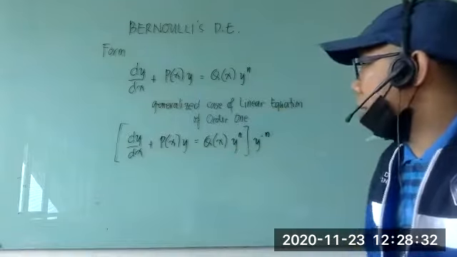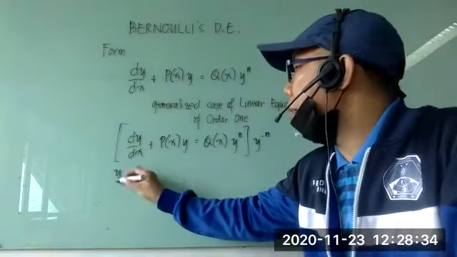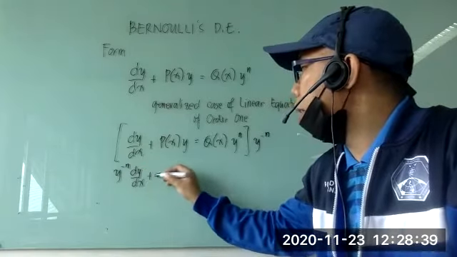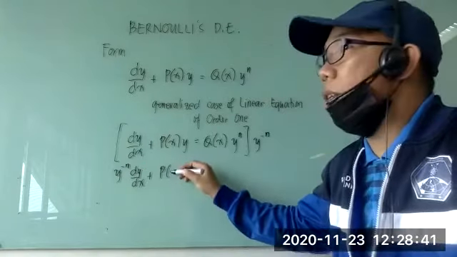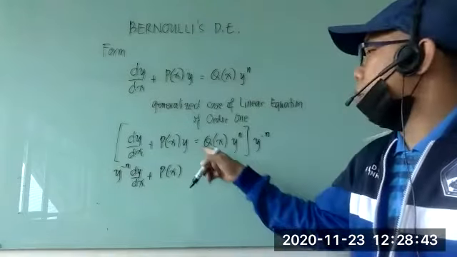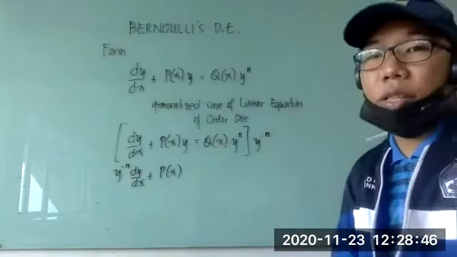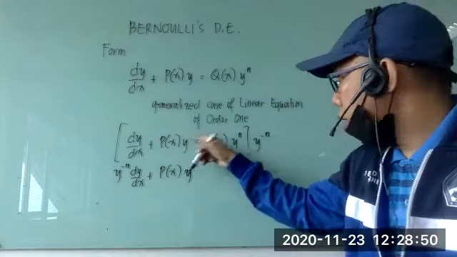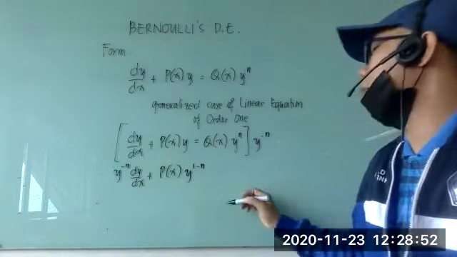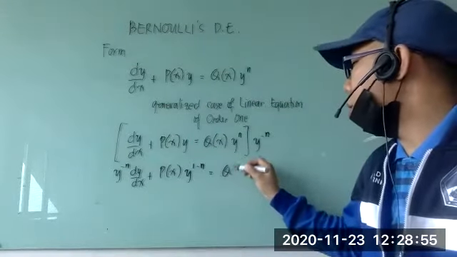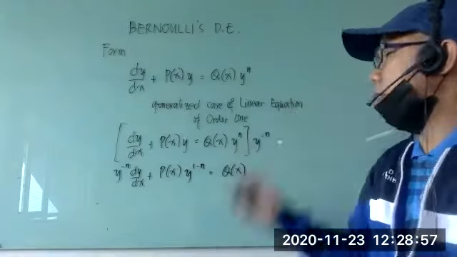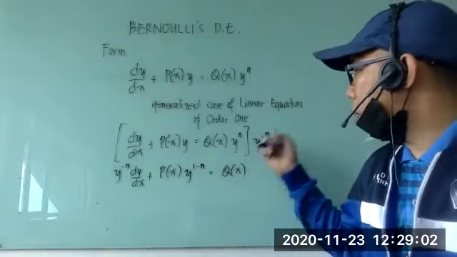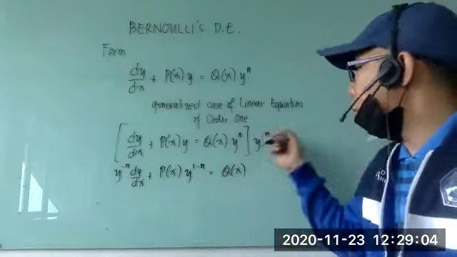You remove y raised to n there. So this becomes y raised to negative n dy over dx plus p as a function of x times y times y raised to negative n, which is y raised to 1 minus n, equals q as a function of x. So this is the resulting equation after we multiply it by y raised to negative n.